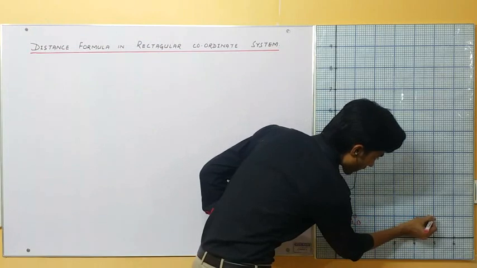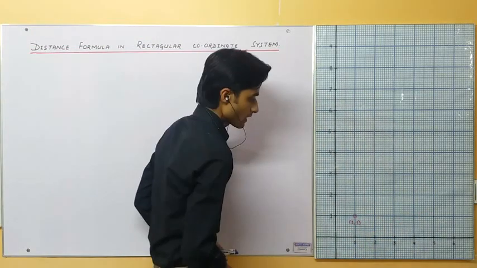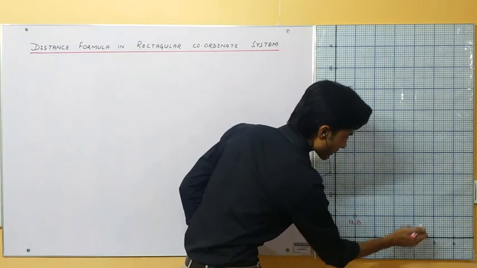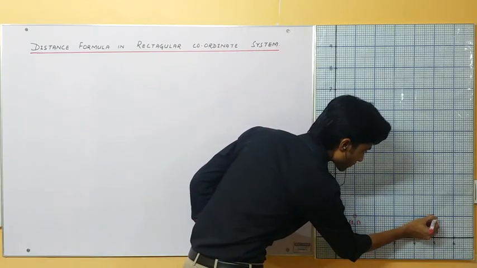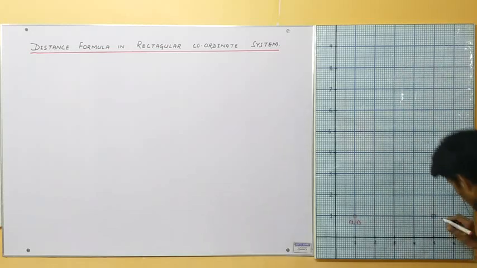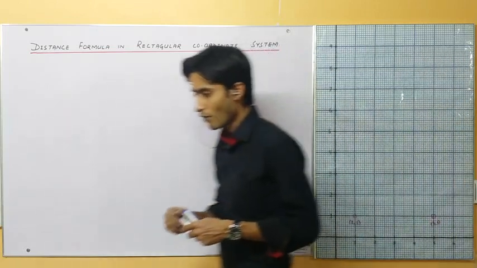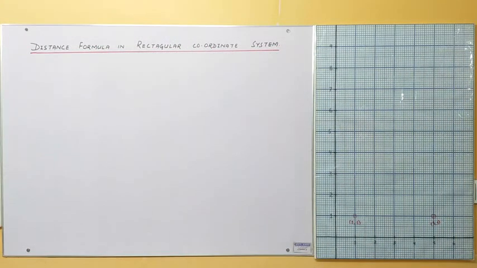And then there is one more point here. This is 1, 2, 3, 4, 5. Here is the point, and the coordinates of this point are 5, 1. So these are right now the 2 points that I have plotted on the plane.